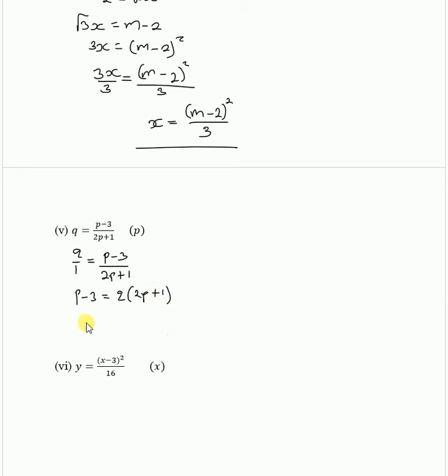That's what I have there, from which I have p minus 3 equaling now to 2 times 2p. I write that as 2pq. Don't write q 2p. We don't start with the letters, we start with the number. Then here 2 times 1 is simply q.